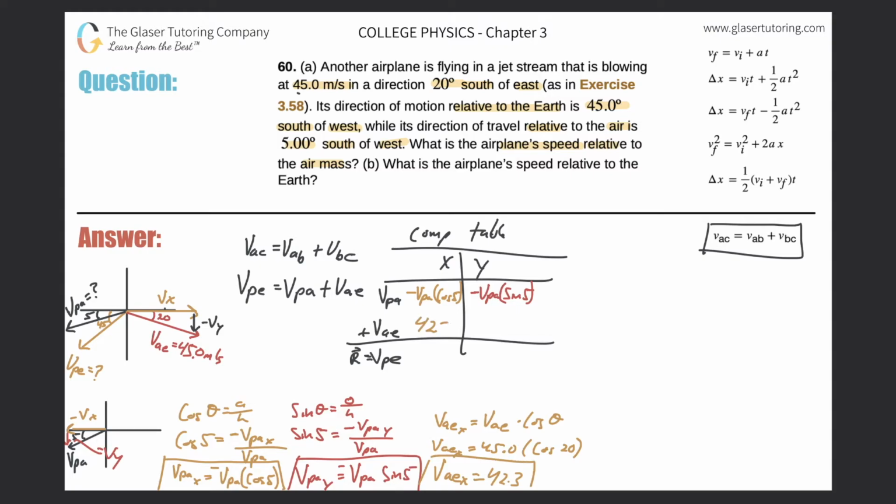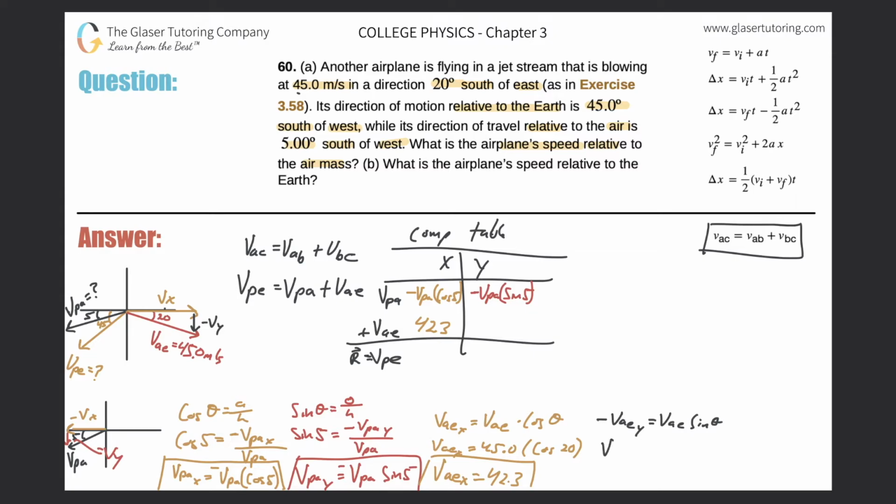I'm just going to leave out all the units, but let's plug in the number. So this is 42.3. Okay, and now let's do the y. Now remember, this is negative, so that's important. So this will now be negative of the velocity of the air relative to the Earth in the y direction should be equal to the velocity of the air relative to the Earth multiplied by sine this time of theta. So just distribute the negative sign.